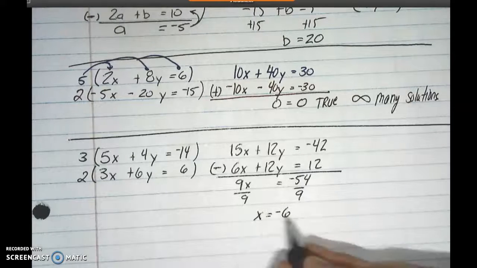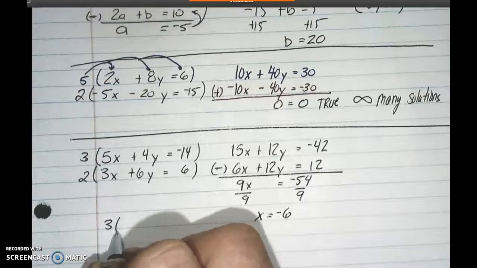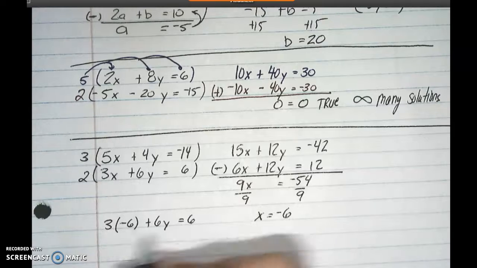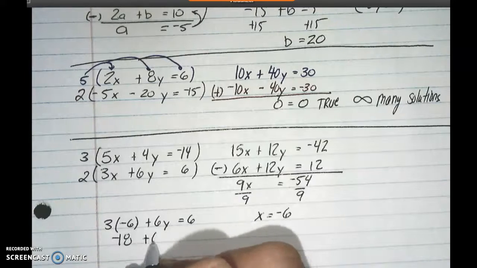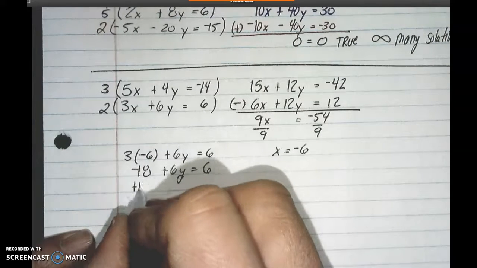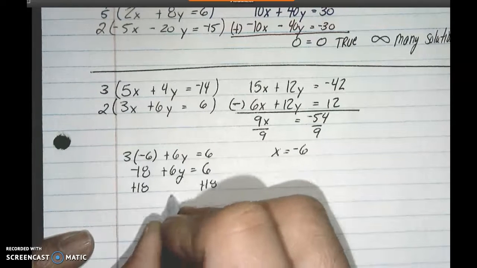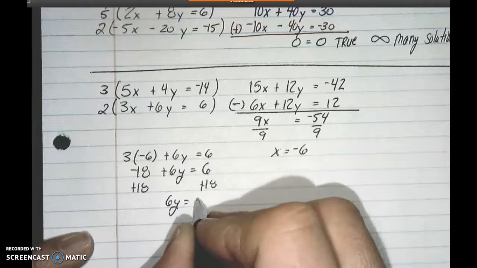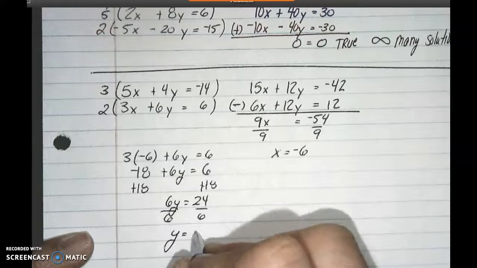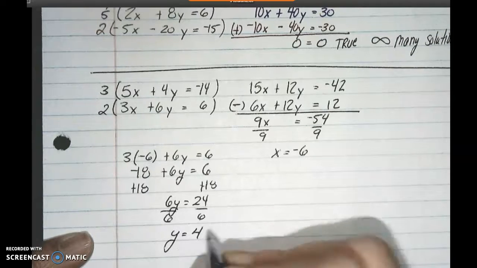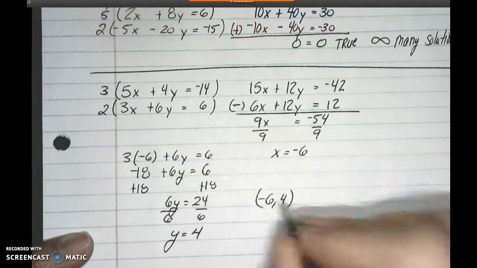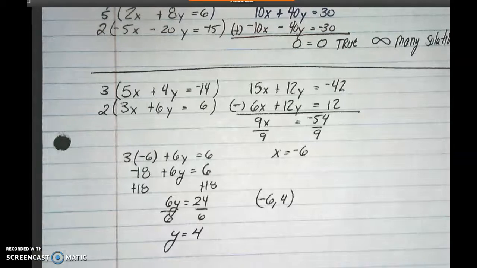I'm going to go with this one right here. So then I have negative 18 plus 6y is equal to 6. I'm going to add the 18. 24 divided by the 6. Y is equal to 4. So then my answer is negative 6, 4.